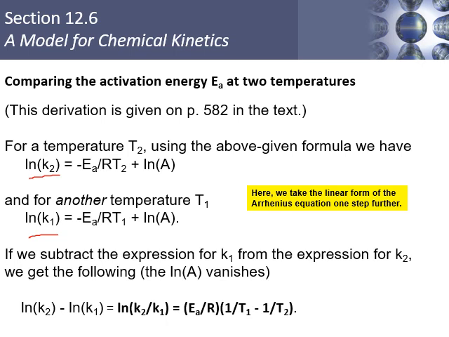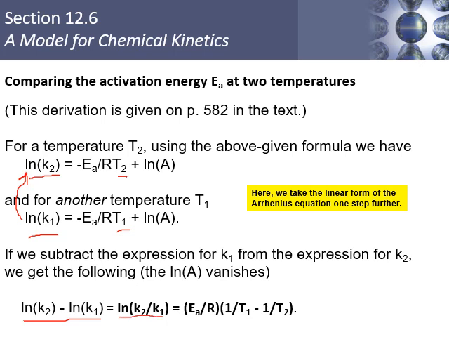If we do this for two different temperatures, with a T2 on top and a T1 on bottom, and then subtract one from the other, and it really doesn't make any difference which order you do this in, we would wind up with the logarithm of k2 minus the logarithm of k1, which we can rewrite according to the rules of logarithms: logarithm of a minus logarithm of b can be written as the logarithm of a over b.